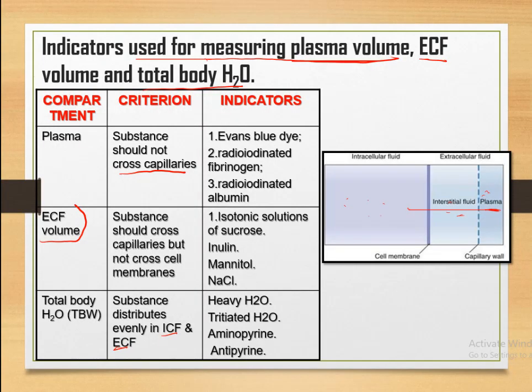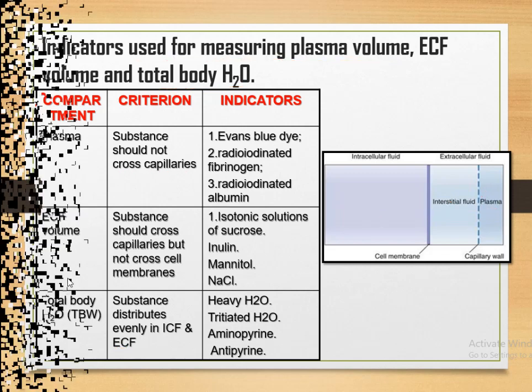So far we have shown how you can measure the plasma, the extracellular fluid, and the total body water, but we haven't talked about the interstitial fluid or the intracellular fluid.